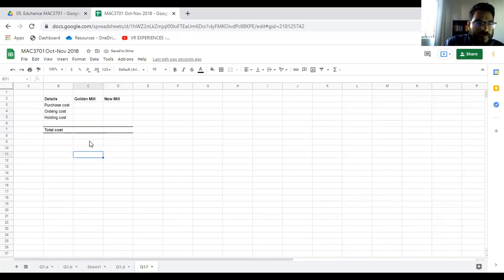So therefore, to answer the question, it will be as follows. They said in 1.4, in F, recommend to UB whether or not the special offer from New Mill should be accepted. Support your recommendation with the appropriate and relevant calculations.